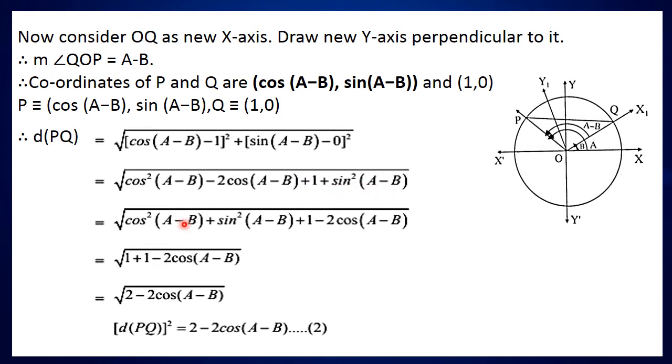Now cos square(A minus B) plus sin square(A minus B) taken together is 1, so 1 plus 1 minus 2 cos(A minus B). 1 plus 1 is 2, so 2 minus 2 cos(A minus B). When we square on both sides, we get the distance between P and Q the whole square is equal to 2 minus 2 cos(A minus B), which is taken as equation number 2.